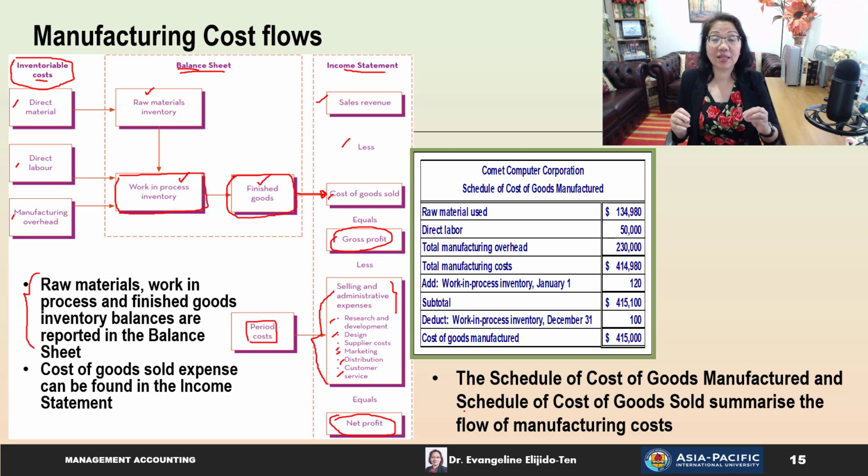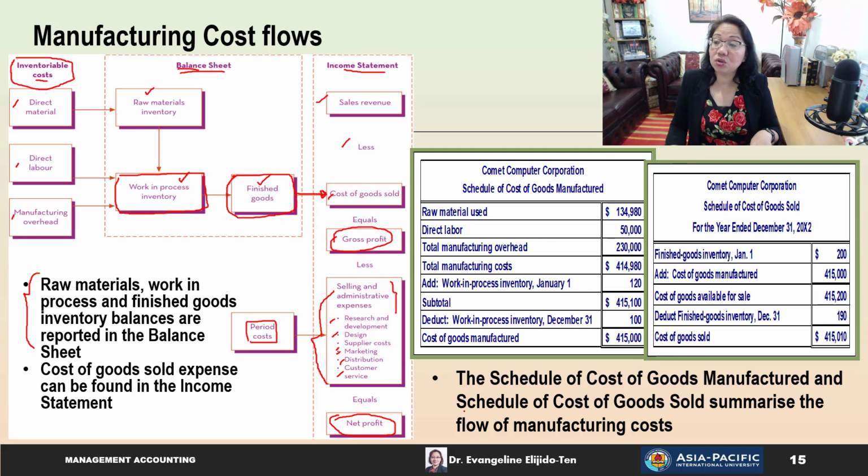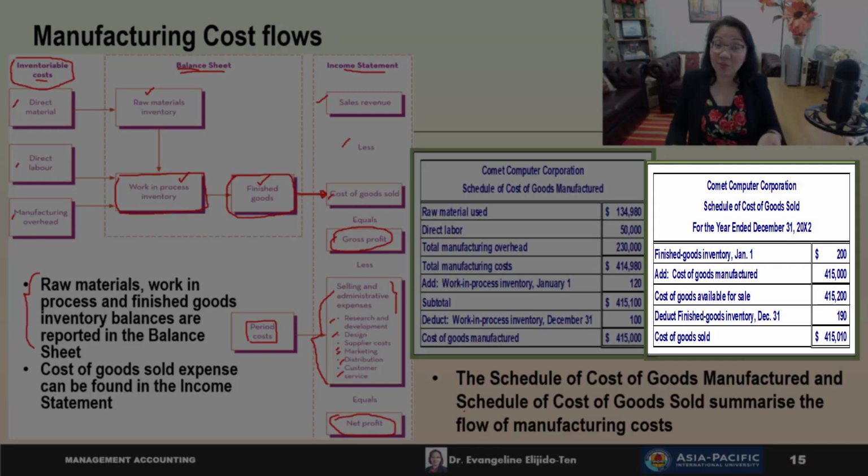When you total that up, that would be your total manufacturing cost. And if you do have a work in process beginning balance, you'll need to add that. And if there is any work in process ending balance, you need to deduct it to get to COGM, cost of goods manufactured.